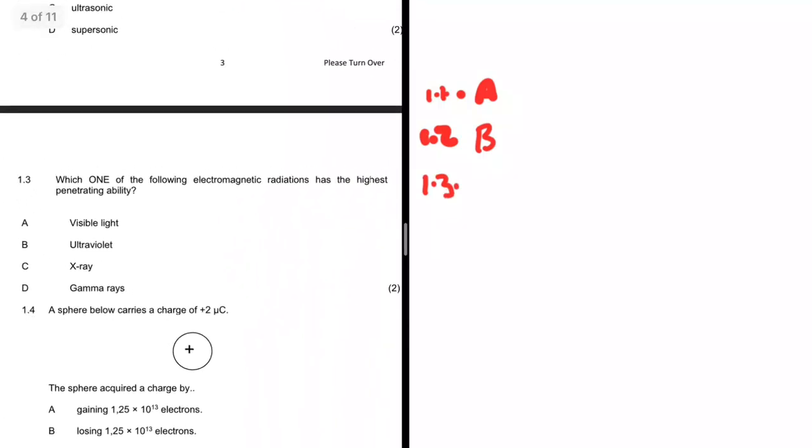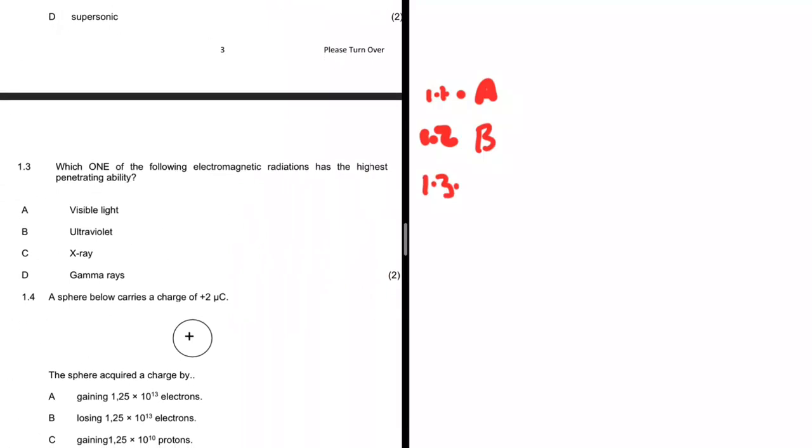And then 1.3, which one of the following electromagnetic radiations has the highest penetrating ability? So highest penetrating ability, we're talking about the highest frequency or the smallest wavelength. Between these four that we have, the electromagnetic radiation with the highest frequency is gamma rays. So the answer to 1.3 is actually D.